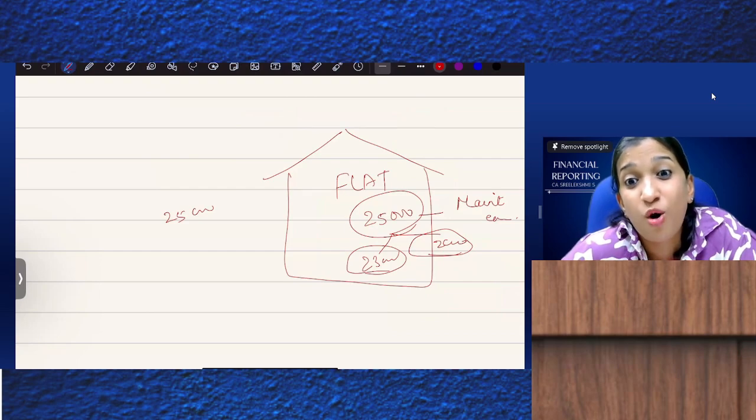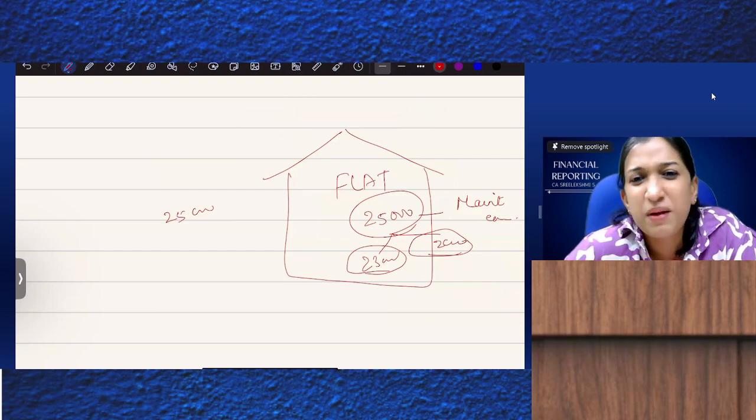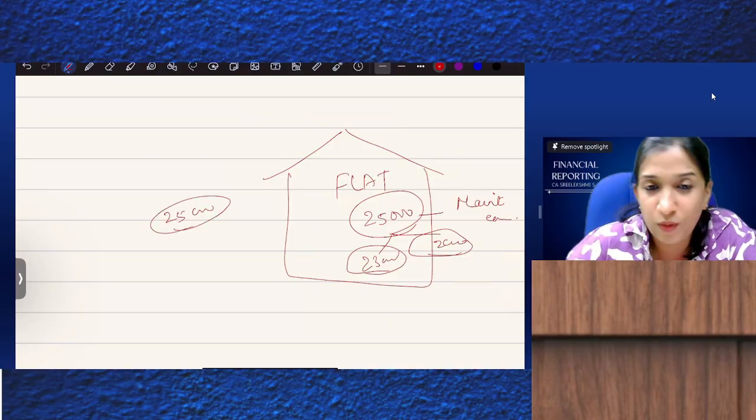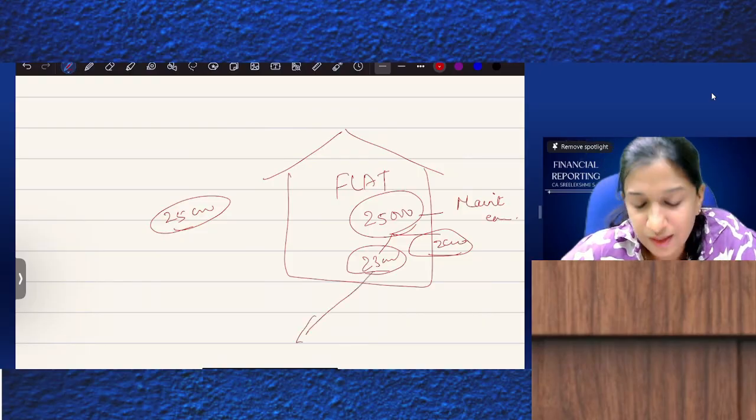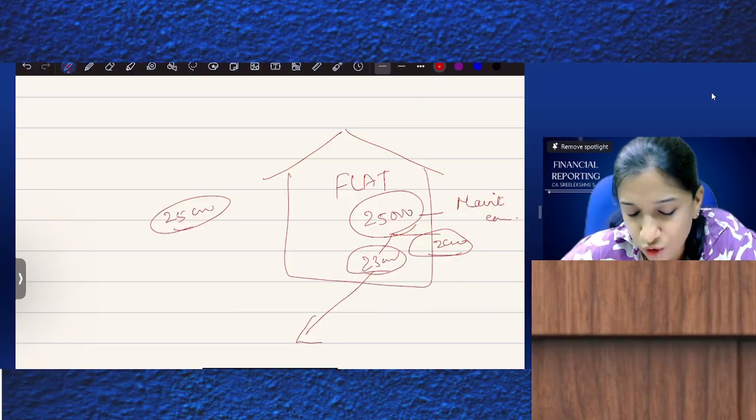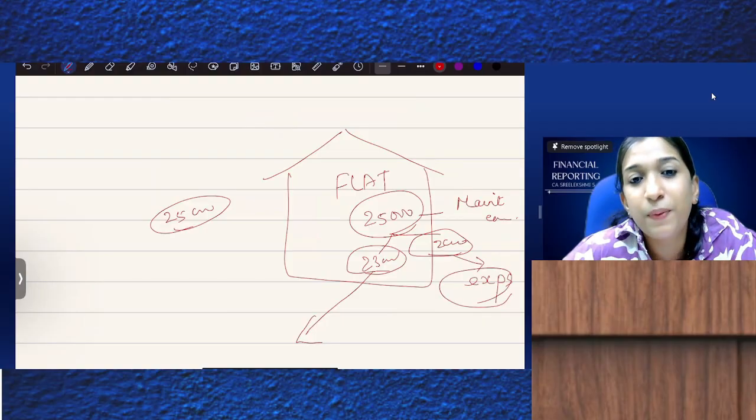You may take the practical expedient and not separate, taking the entire 25,000 as lease liability. Or if you don't want to apply the practical expedient, take 23,000 in lease liability and account the 2,000 separately as maintenance expense. Did you understand that?